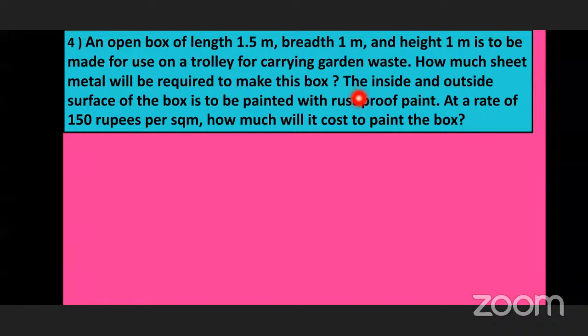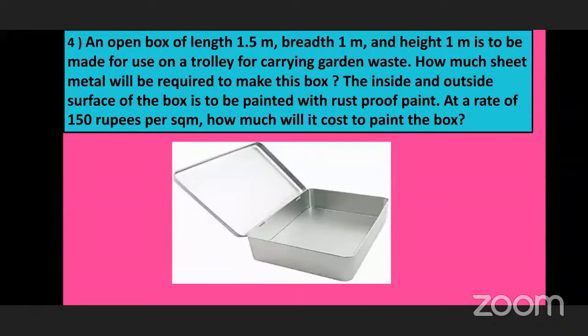Along with that, we have to paint it, not only from the outer side but also from inside. When taking the outer portion, we were writing total surface area. But here we have to paint the box from inside and outside, so we have to find 2 times the area.